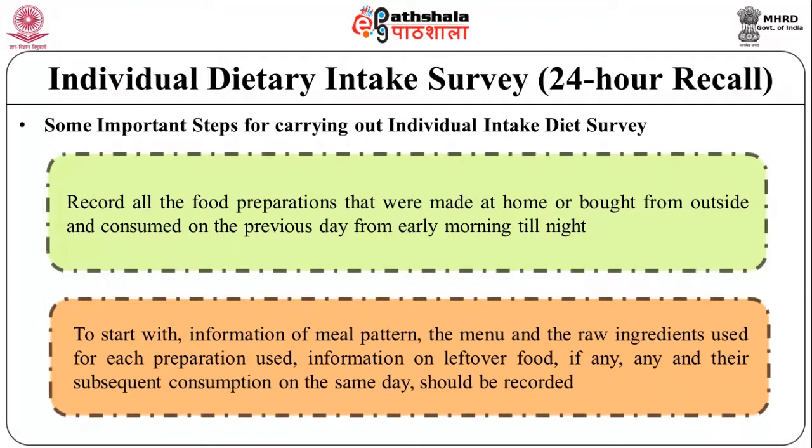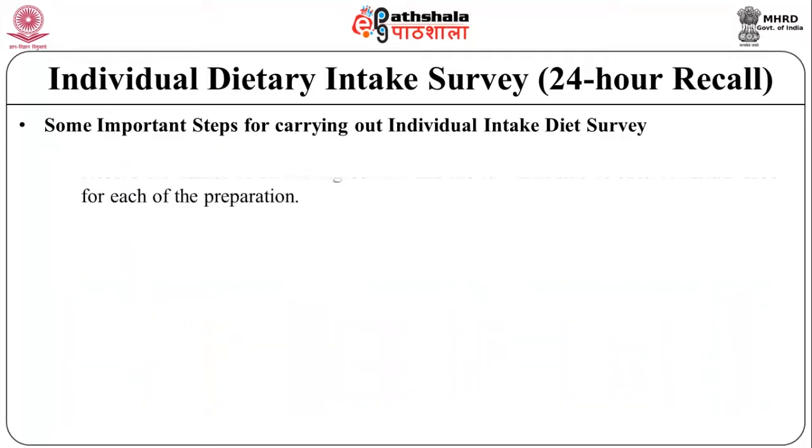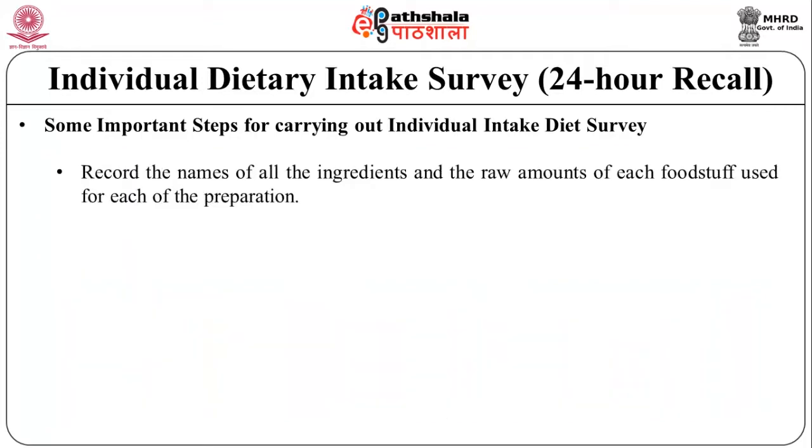To start with, the meal pattern, the menu and the raw ingredients used for each preparation should be noted, and information about leftover food, if any, and its subsequent consumption on the same day must be recorded. The names of all the ingredients and the raw amount of each foodstuff used for each preparation need to be recorded.